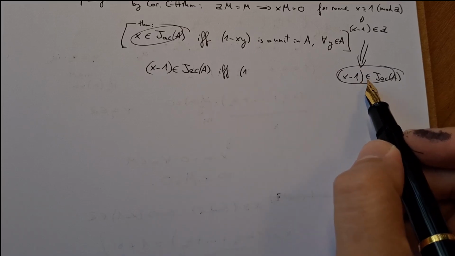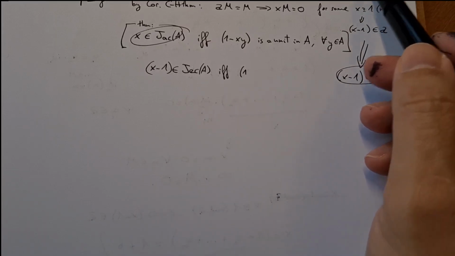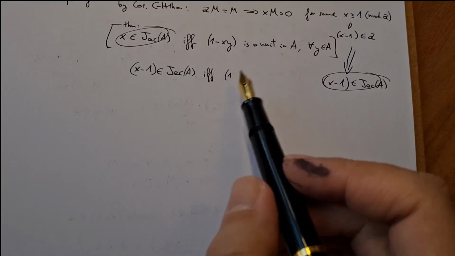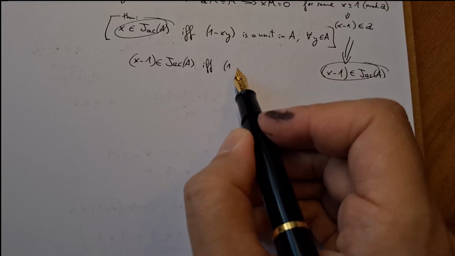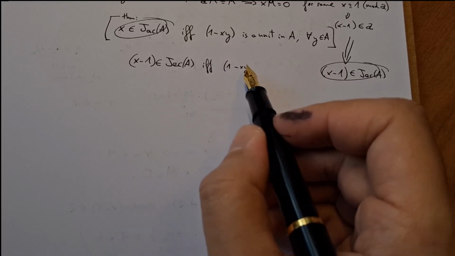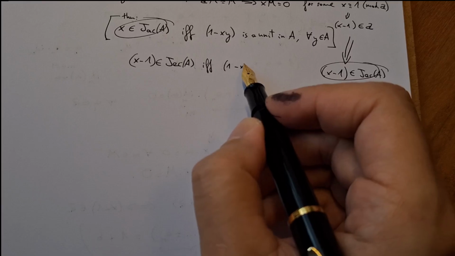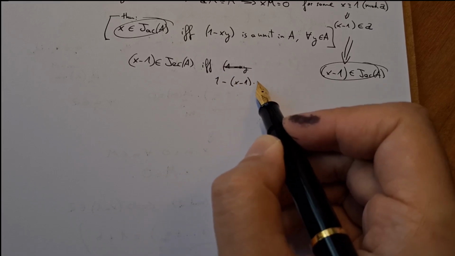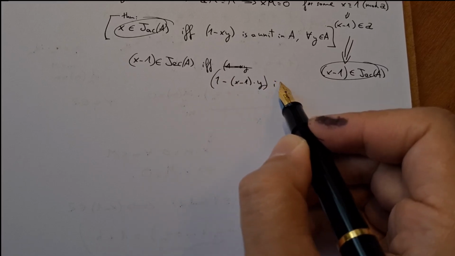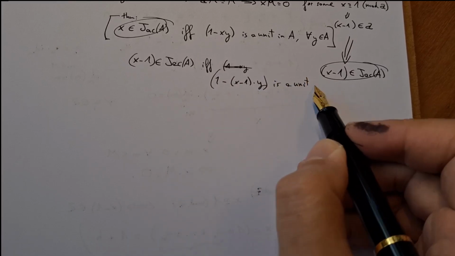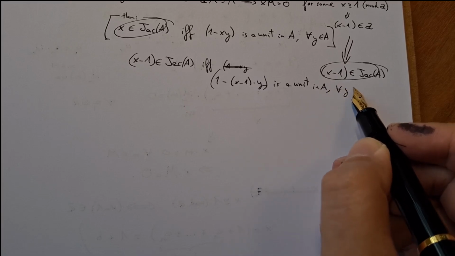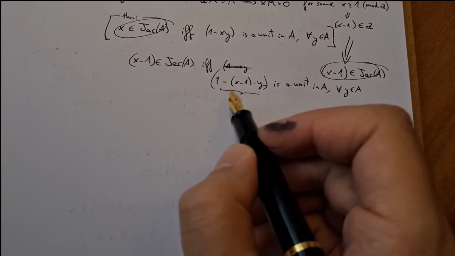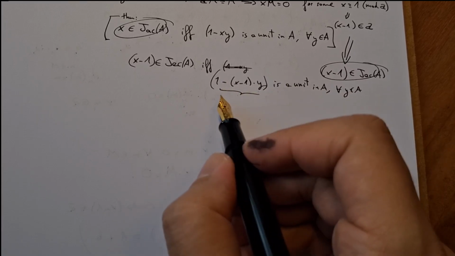Since we know that this is a fact, given by the hypothesis, we know for sure that 1 minus xy, where here x is actually x minus 1, multiplied by y, is a unit in A for all y in A. And we can cancel things out and so on.